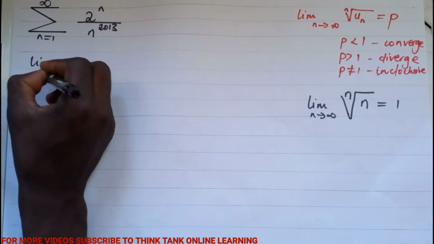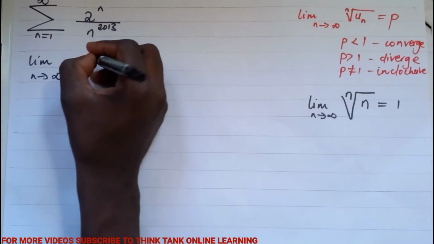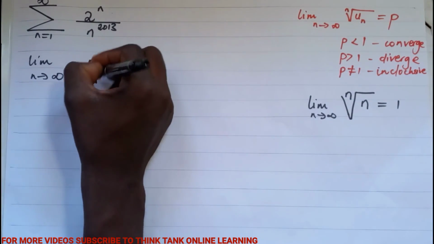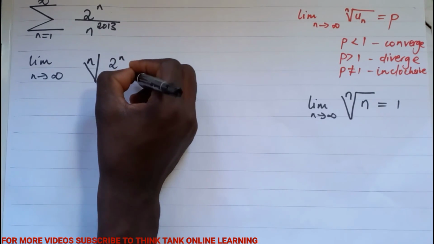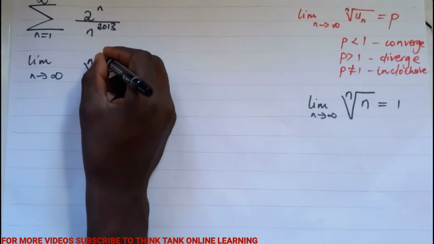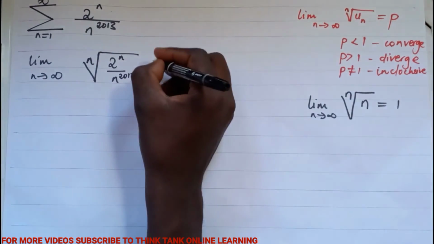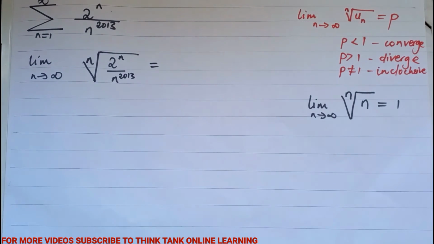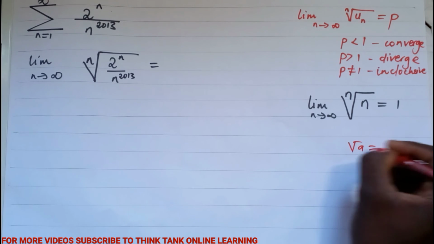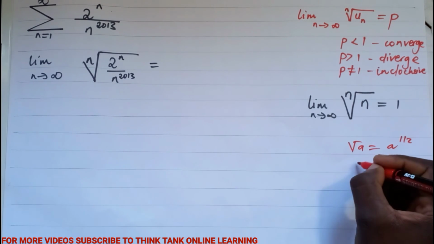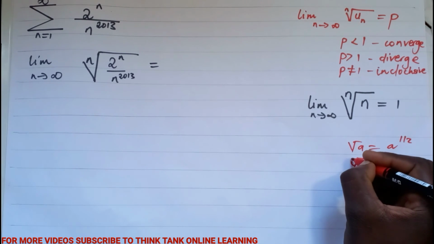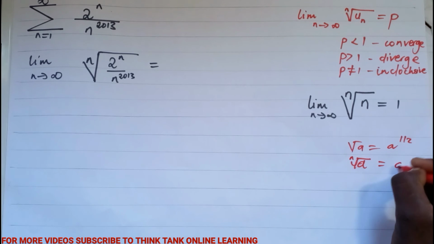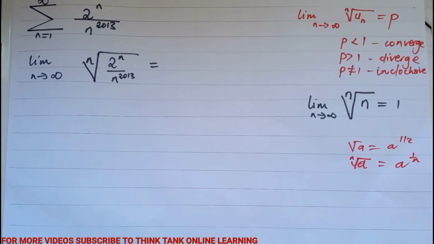Limit as n approaches infinity of the nth root of 2 to the power n over n to the power 2013. Okay, so this is equal to, by using laws of indices, we know that the nth root of a is equal to a to the power 1 over n.